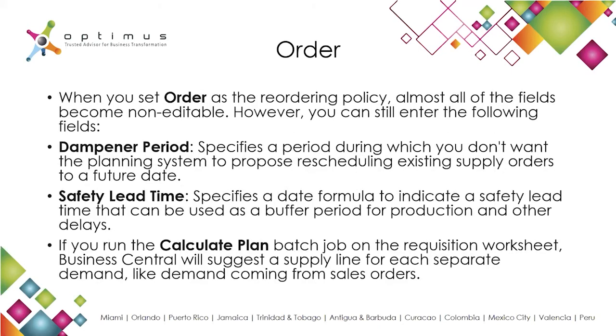Once we get into that, we need a dampener period, which specifies a period during which you don't want the planning system to propose rescheduling existing supply orders to a future date. So if I have created an order for my refrigerators, then I need to input a dampener period, let's say 1 week, so I don't continue ordering and ordering.